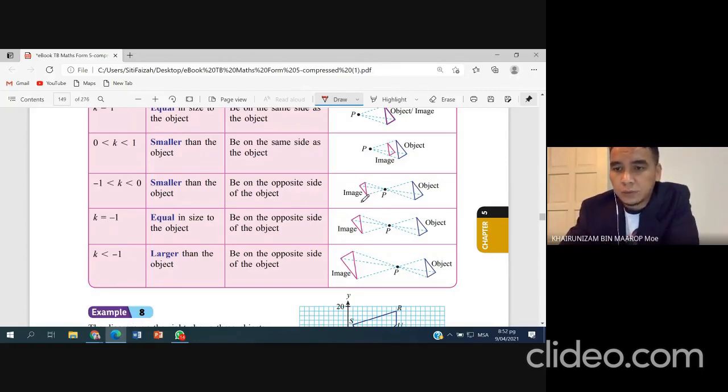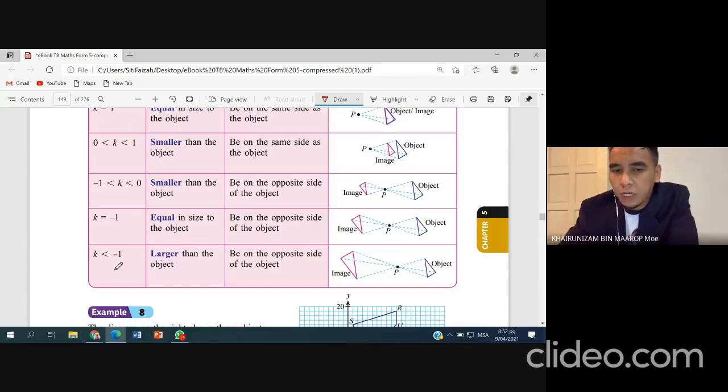Inverted. Dia terbalik dan berada di sisi yang bertentangan. Then if K equals -1, the image is at the opposite side and inverted but in the same size.